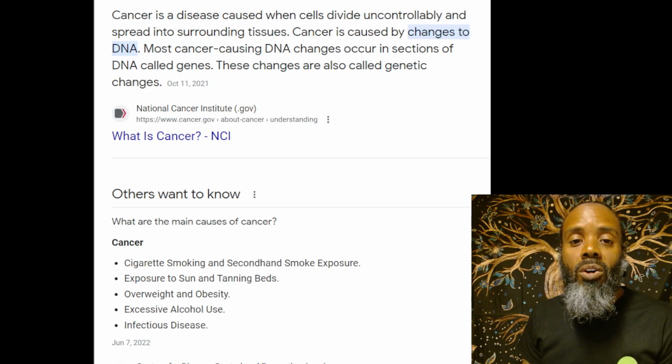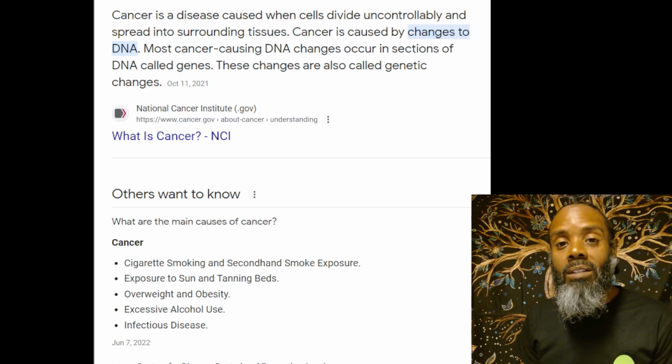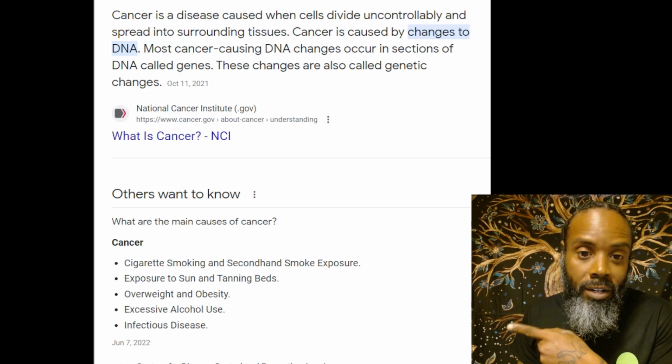These are also called genetic changes. There's a lot of fucking chemicals being put in foods, food additives that are linked to DNA changes and altering.